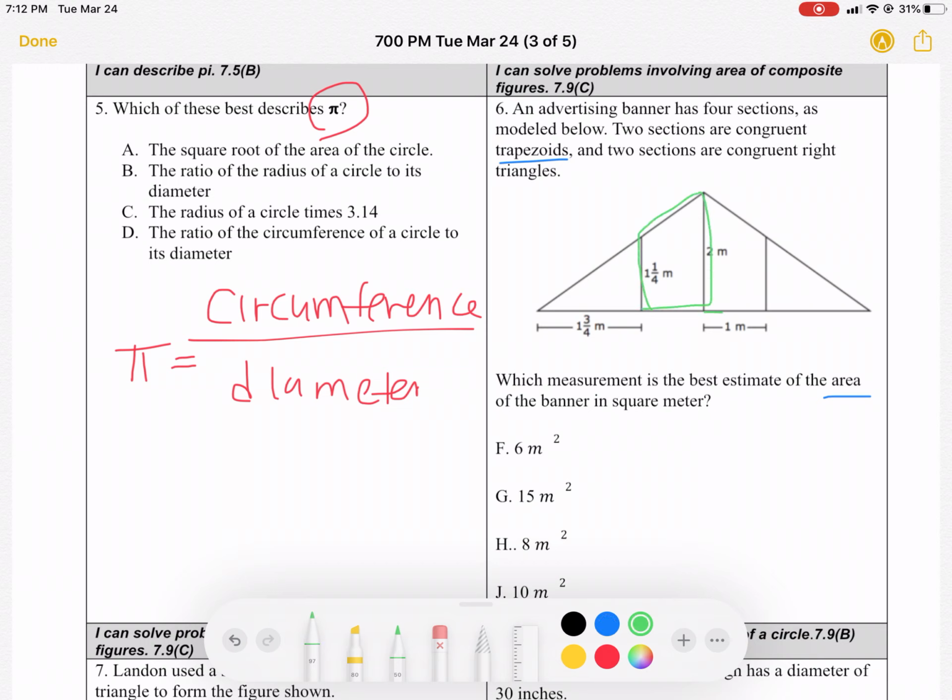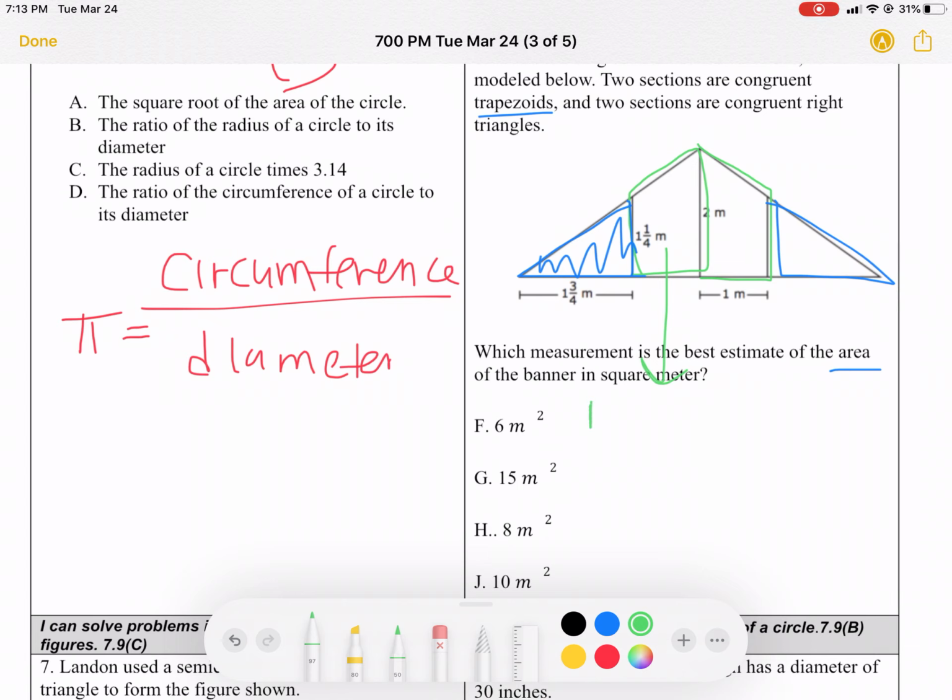So if I find area of one of the trapezoids, I can just multiply that by 2 to find the area of the whole thing. I mean, for 2 trapezoids. And then I see 2 triangles here, right? So let's go ahead and find the area of the trapezoid first, which is going to be 1/2 times base 1 plus base 2 times the height.